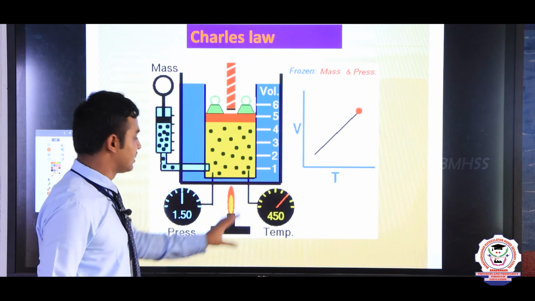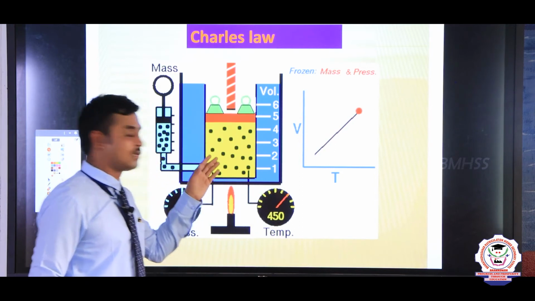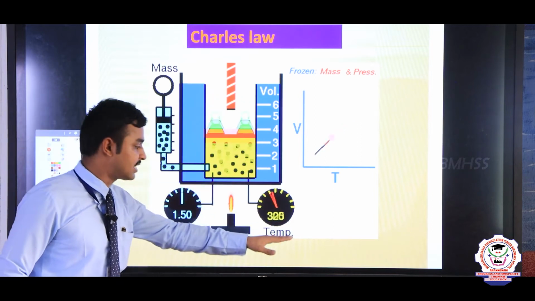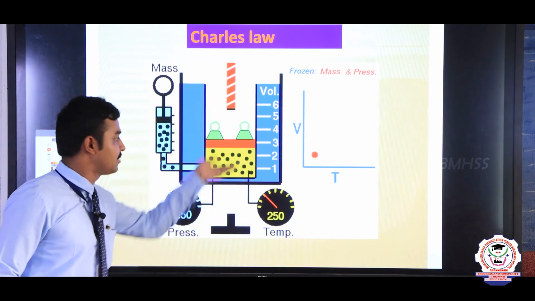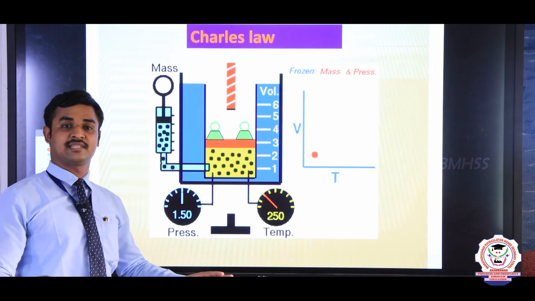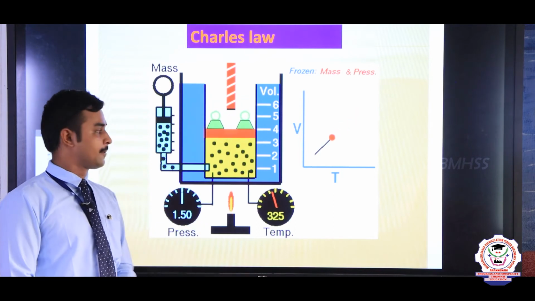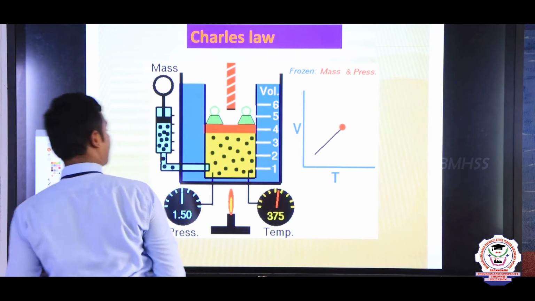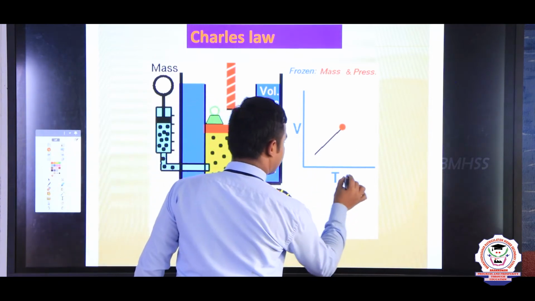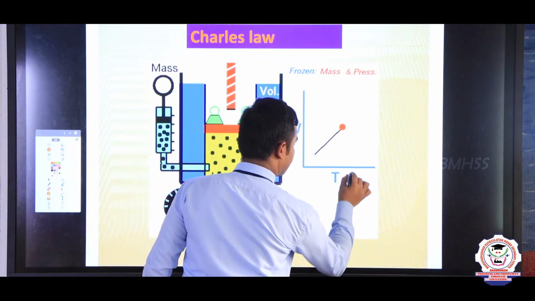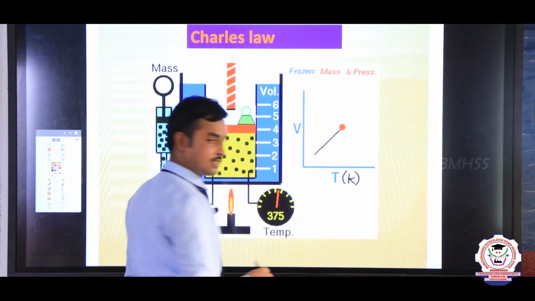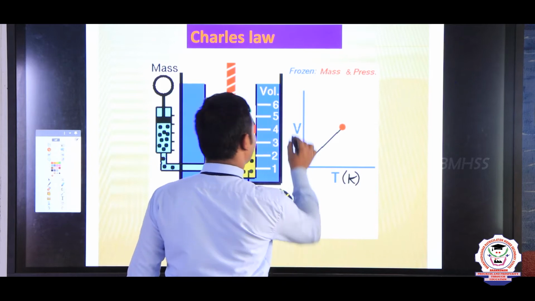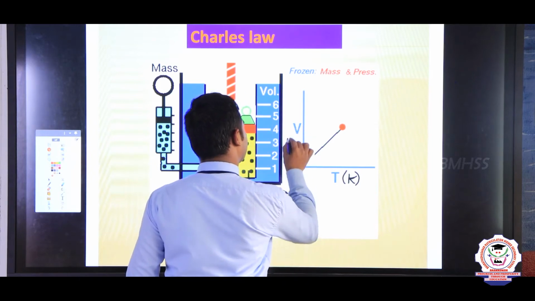How does it change? If we increase the temperature, look here, the volume also increases. As the temperature increases, the volume also increases to maintain the constant pressure. By these values we record the temperature and volume. Take temperature on the x-axis in degree Celsius or Kelvin. Now I take the temperature in Kelvin and the volume in ml.